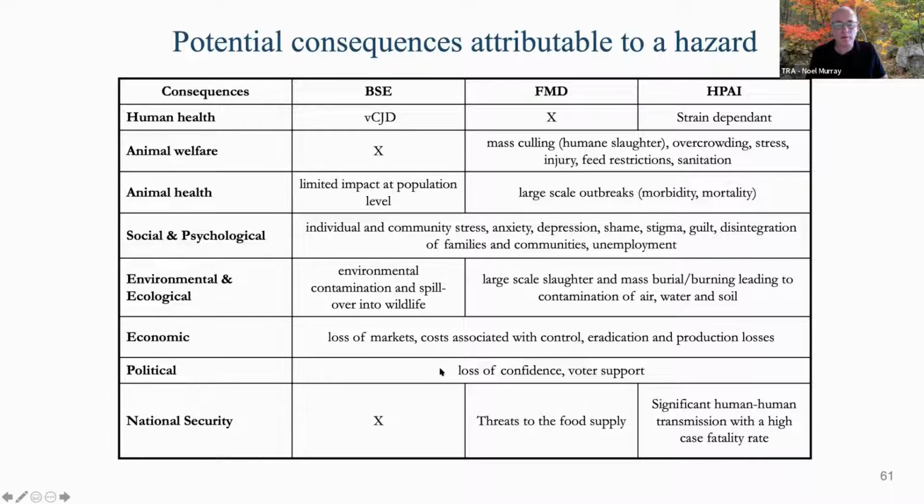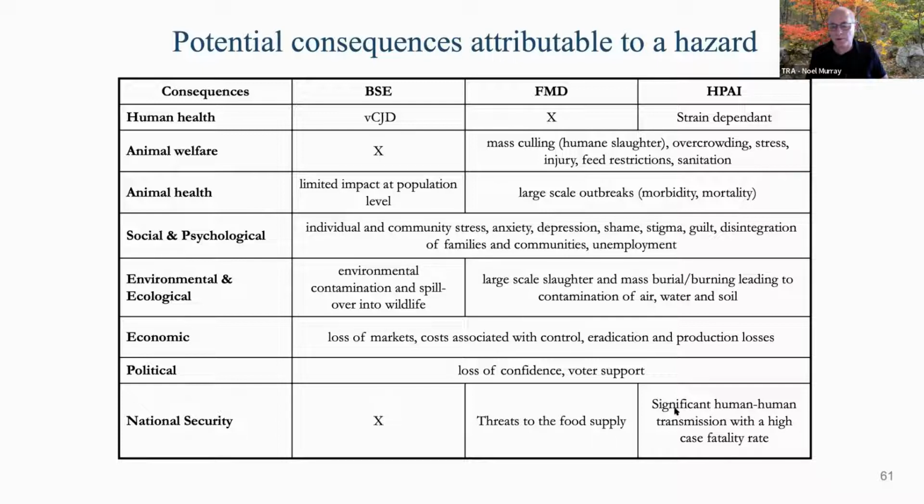At the political level, there may be some consequences associated with the loss of confidence in the government. It may be a consequence of an outbreak of a particular disease. At the national security level, we can think about threats to the food supply, not an issue for BSE, but with foot and mouth disease or maybe with HPAI.